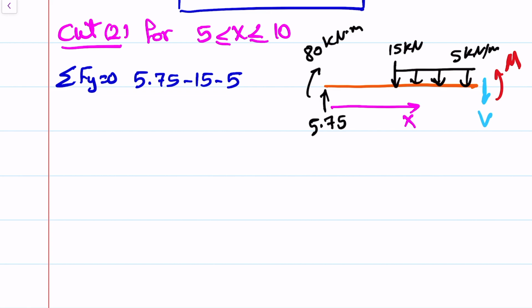So this distance is x minus 5. So the distributed load would be equivalent to a point load of 5 times x minus 5. And it is acting right here at a distance of x minus 5 over 2.